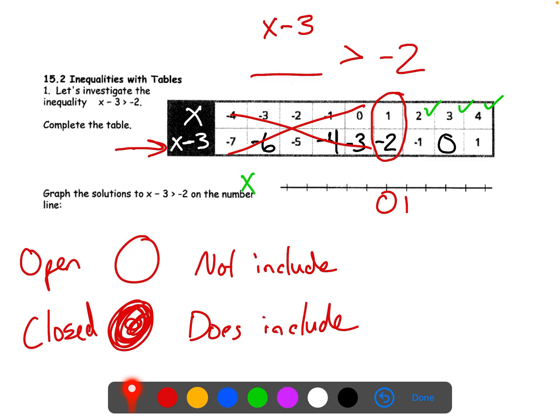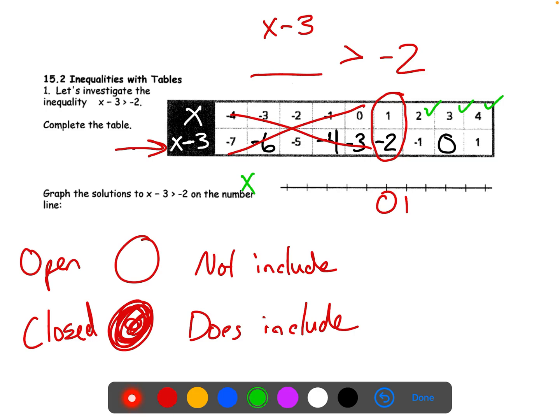It's a silly way to remember it, but I'm building a fence around this number and I can't get to it. So an open circle doesn't include the number that it's at, but only anything outside of the fence, whether to the right or the left, whichever way our arrow's going. Since 1 is not a solution for x because it gave us the same value and we needed to be greater than that, we don't want to include it. We're going to use an open circle.